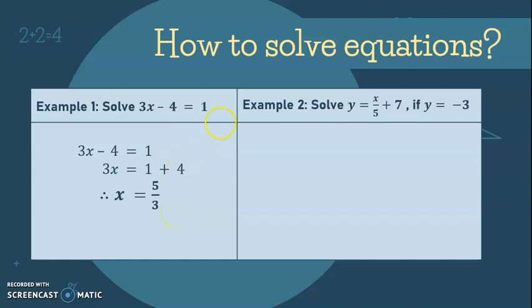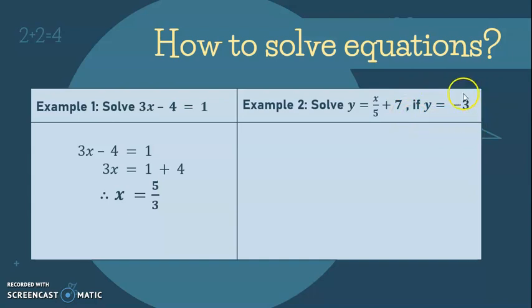Alright, so let's proceed to example number 2. Solve y is equal to x over 5 plus 7, if y is equal to negative 3. In this case, if you just look at this equation, you will see two unknown variables. But after that, this question gives you another piece of information, which is y equal to negative 3.